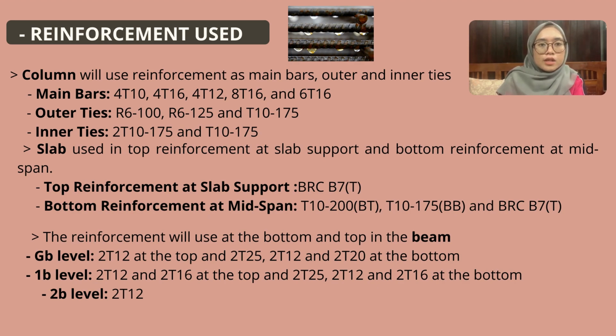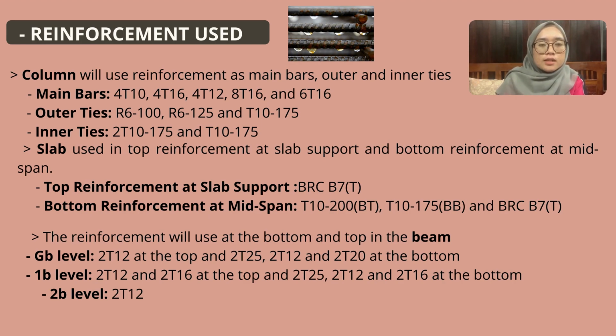The reinforcement used in the slab was divided into top reinforcement at slab support and bottom reinforcement at mid span. BRC B7 was used at top reinforcement at slab support, and T10-200, T10-175 and BRC B7 were used in bottom reinforcement at mid span.